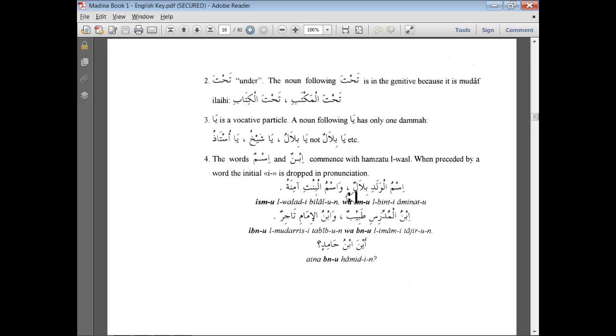All right. Also, the hamzatul wasli here at the beginning is pronounced because there's nothing that comes before it: ismu.